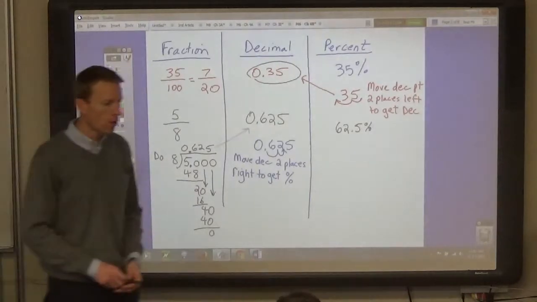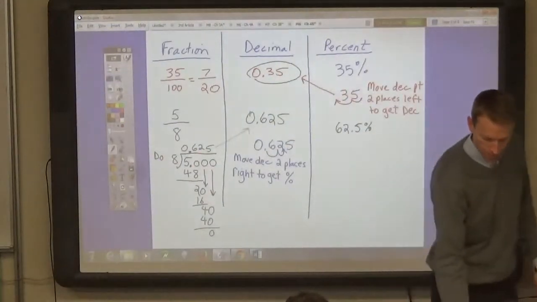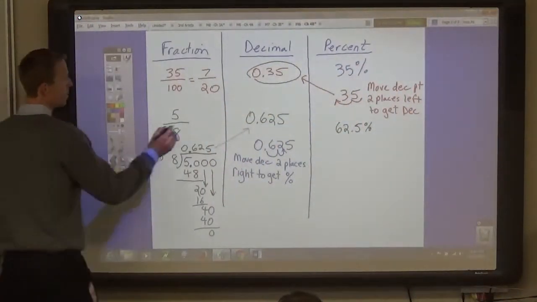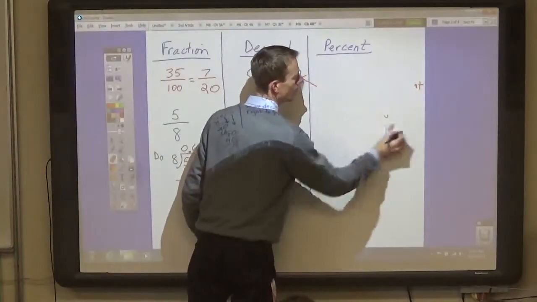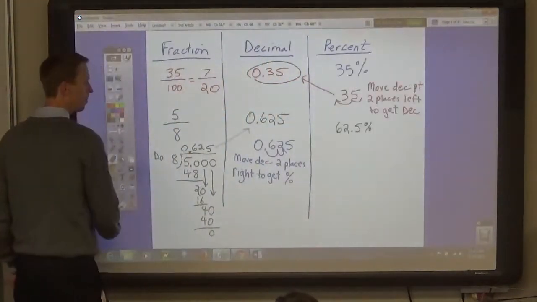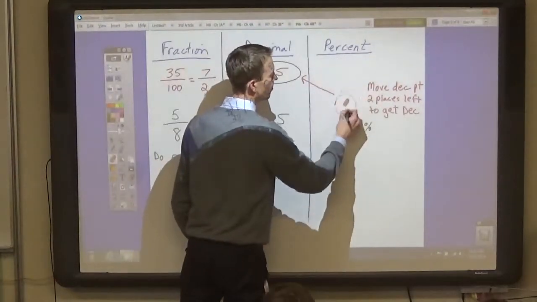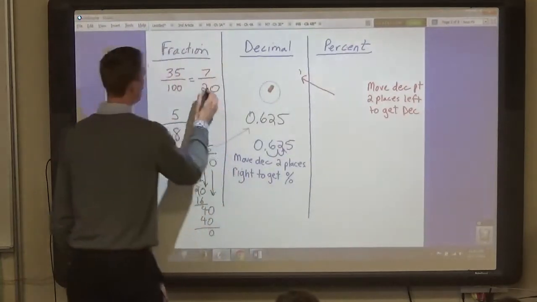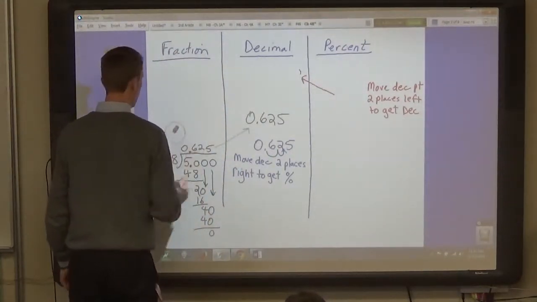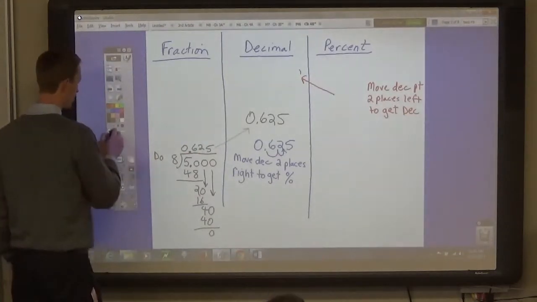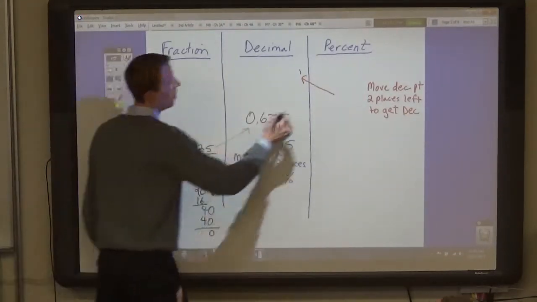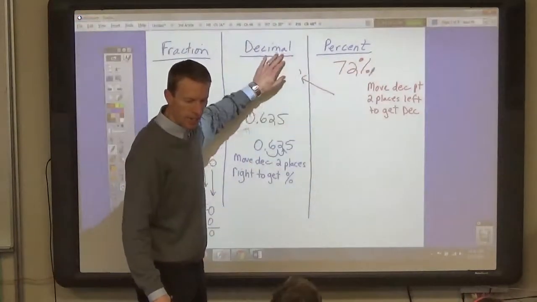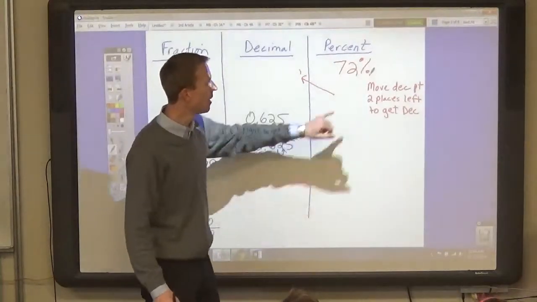Go to the pre-teaching side first. We're starting with 72%. So let's start with 72%. How would we move 72% into the decimal column? How would we do that? It says, right here.